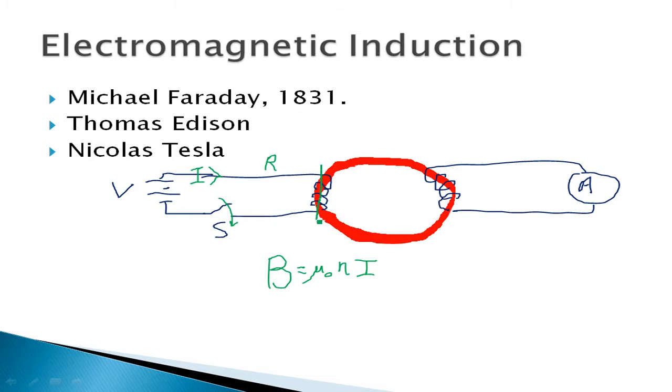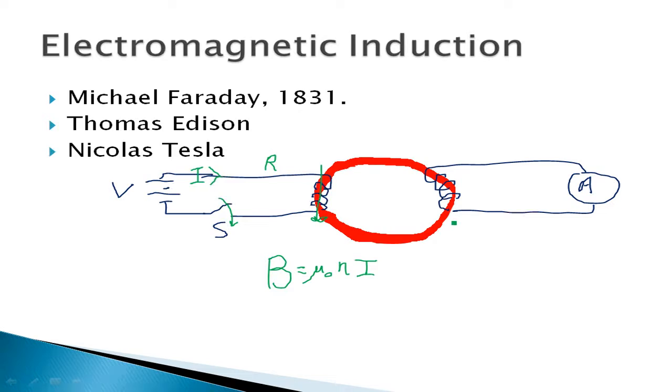Magnetic field going down through here. Okay, because there's an iron core in there, that magnetic field predominantly propagates around through the iron core because the permeability of iron is better than air. The magnetic field prefers to be in the iron than it does in the air.